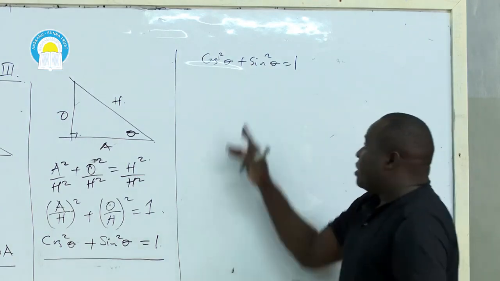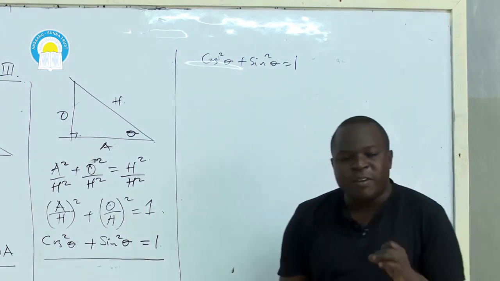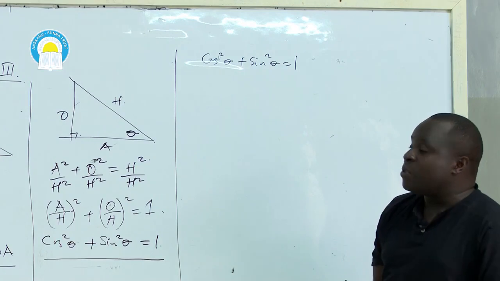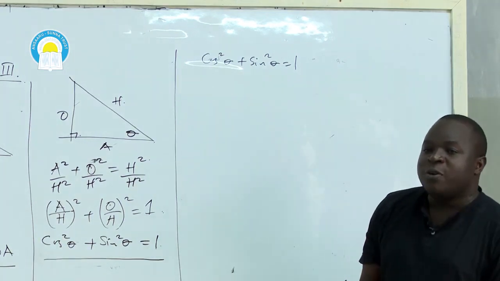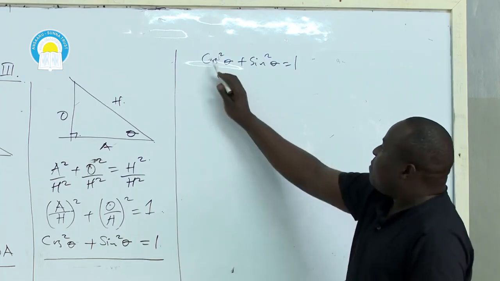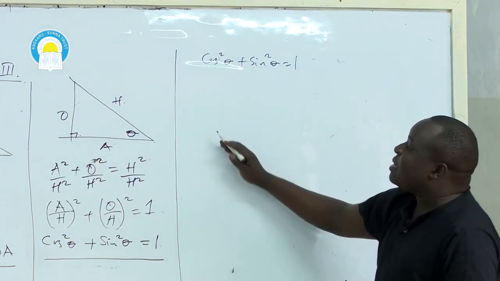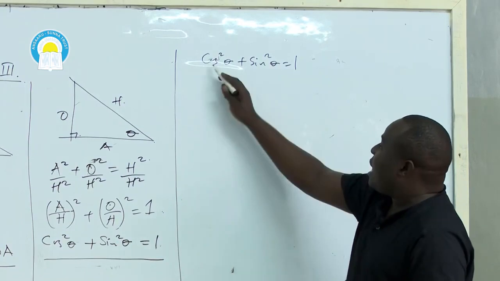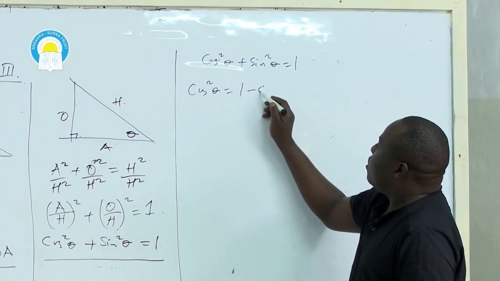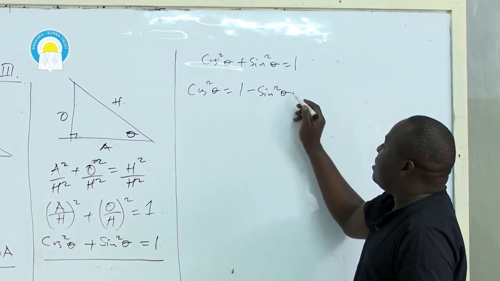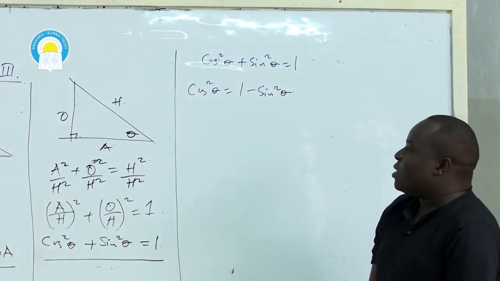Okay, there are 2 other versions of this that might be very necessary in the topic. The first one being, from this statement, we can rewrite some other 2 equations. Making cos squared theta the subject, I'll have cos squared theta equals to 1 minus sine squared theta. That's the first. What does it mean?